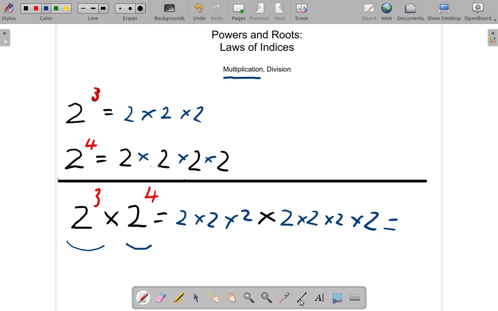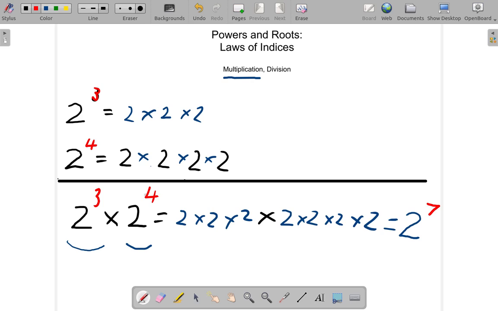Remember, up here, when you have 3 2's multiplied, you have 2 to the power of 3. When you have 4 2's multiplied, you have 2 to the power of 4. So when you have 7 2's multiplied, it would be 2 to the power of 7. If you said 2 to the power of 7, you would be right.